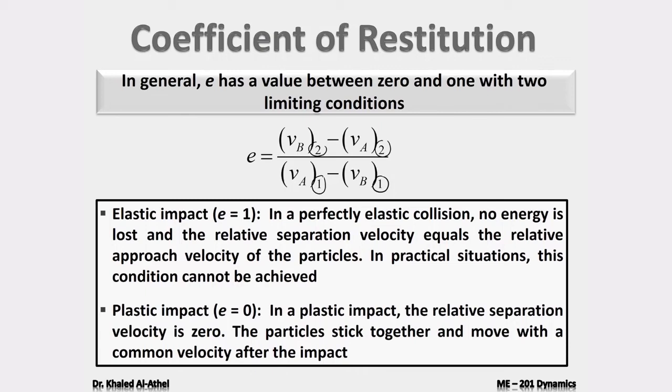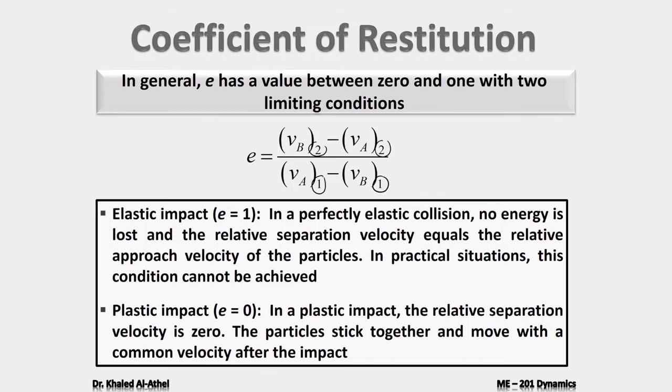That's what matters. Now e, the coefficient of restitution, has a value between 0 and 1, and it has two limiting conditions. The first one is elastic impact, where e equals 1. This is the most perfect elastic case.